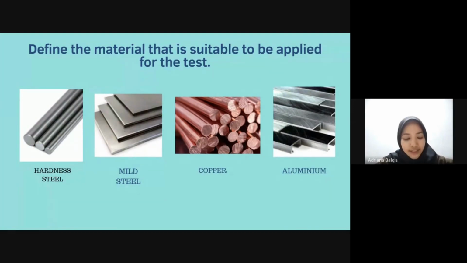Knoop and Vickers tests are useful for coatings and mounted metallographic components. Brinell testing is commonly applied to large steel buildings, cast iron and aluminium structures. Certain hardness tests may be finished in a couple of seconds with a handheld device. For this test, copper, aluminium, mild steel and hardened steel are all suitable materials.